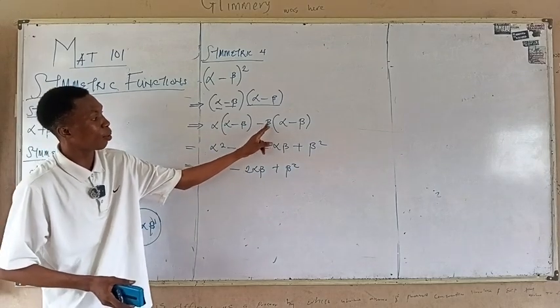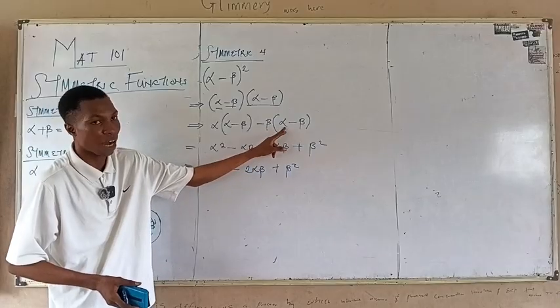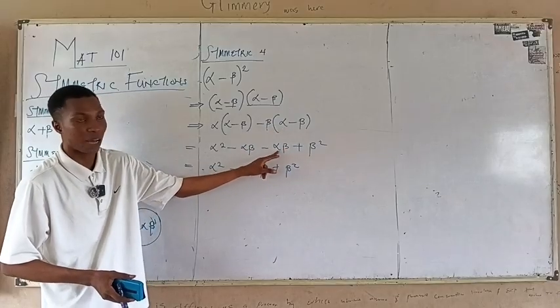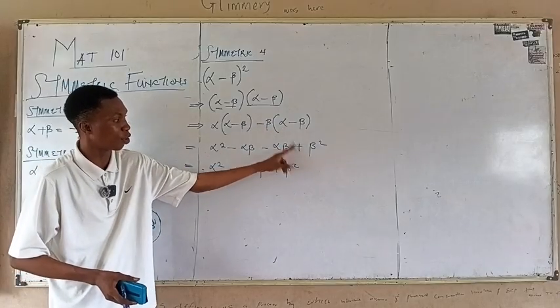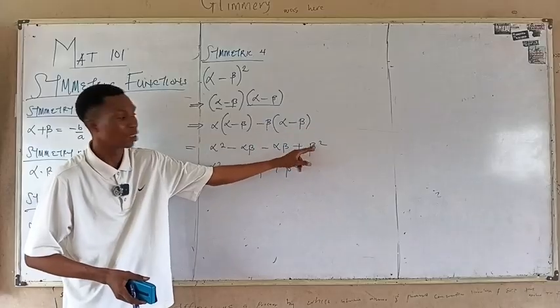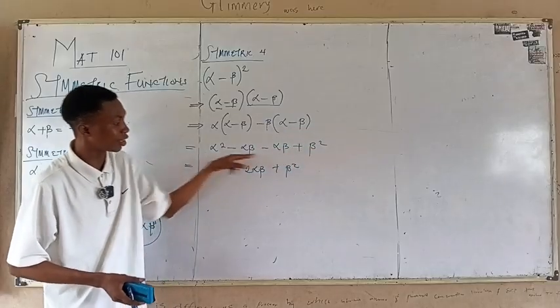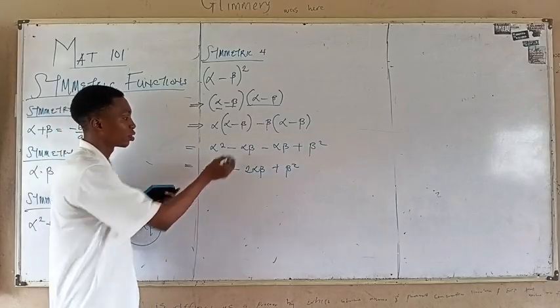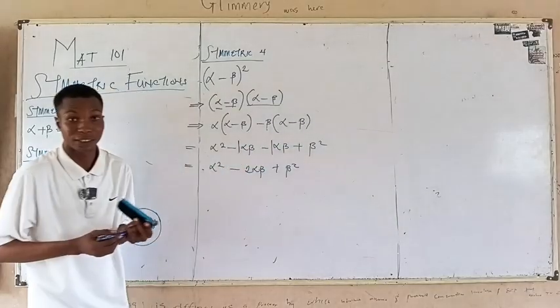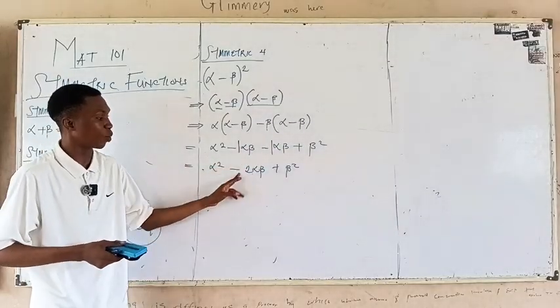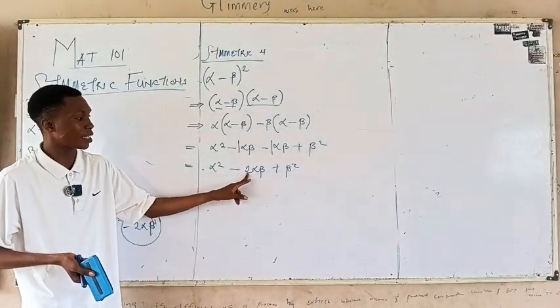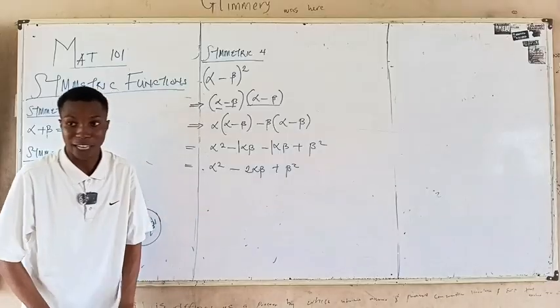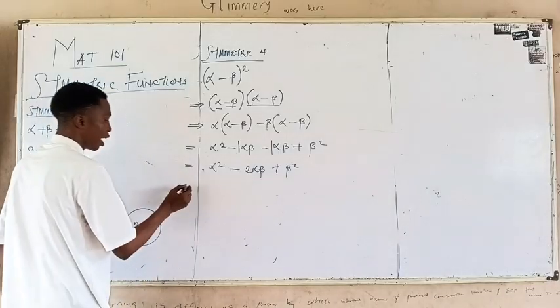Then this minus beta multiplied by alpha is the same thing, minus alpha beta. Minus times minus is plus beta times beta, beta squared. These are the same thing, isn't it? What's the coefficient? 2 or 1? So minus 1 is what? Minus 2 alpha beta plus beta squared. So recall, I can rearrange this.